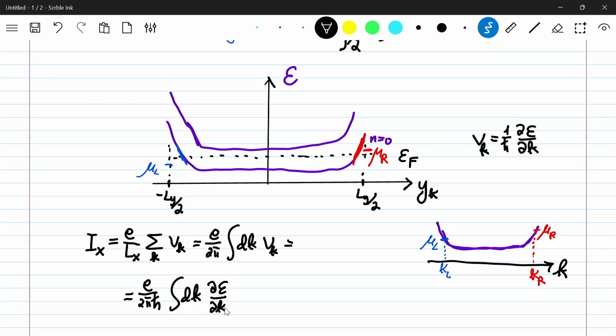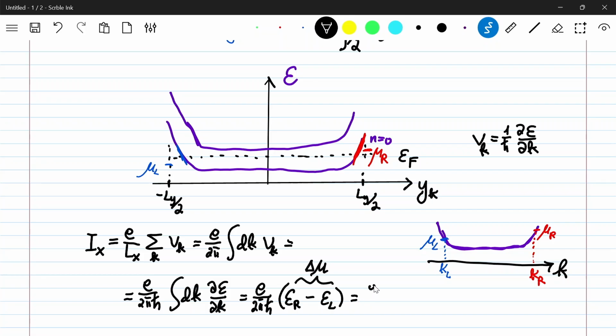That's just a one-dimensional integral over k, and what it gives me is nothing but the difference between the energies at the two sides. And these energies are exactly these chemical potentials. So this is in fact delta mu, what I called before.